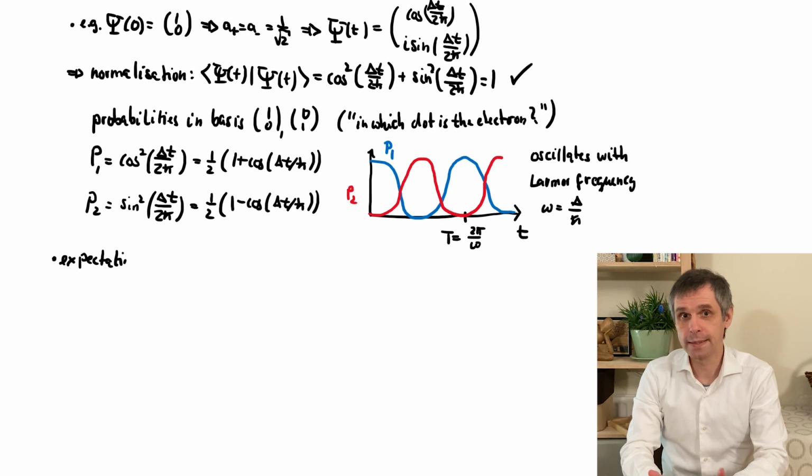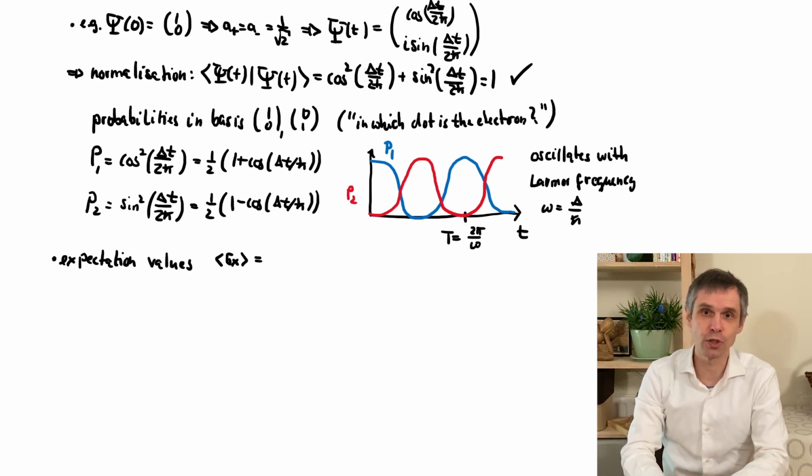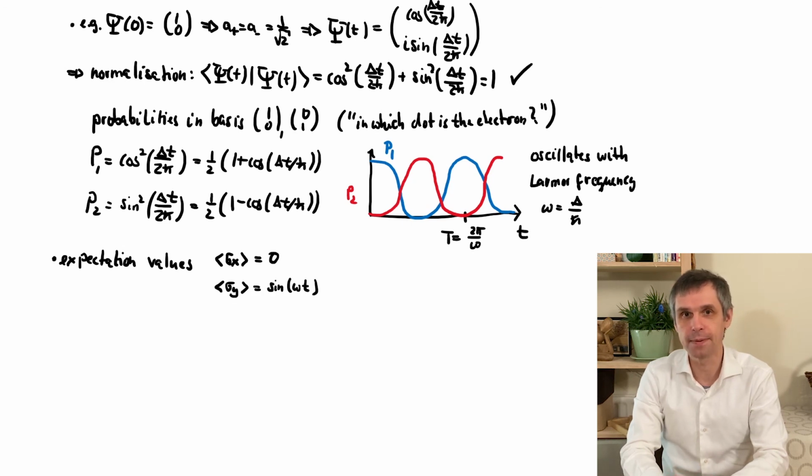And finally, when we look again at the expectation values of the polarization vector, this clearly corresponds to a rotation about the x-axis, with the angular frequency again given by the Larmor frequency.